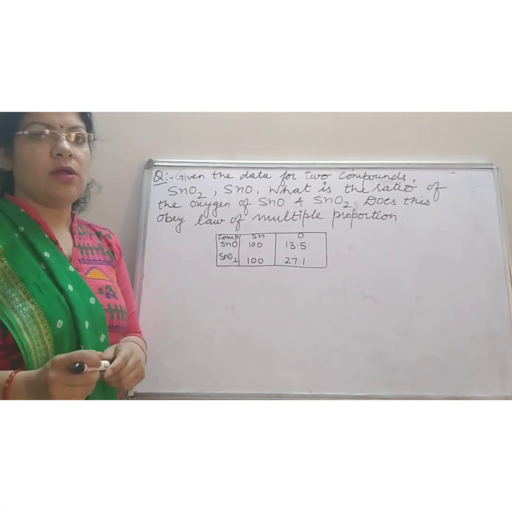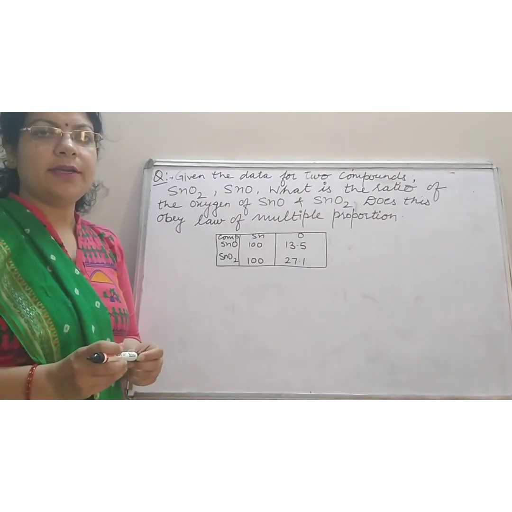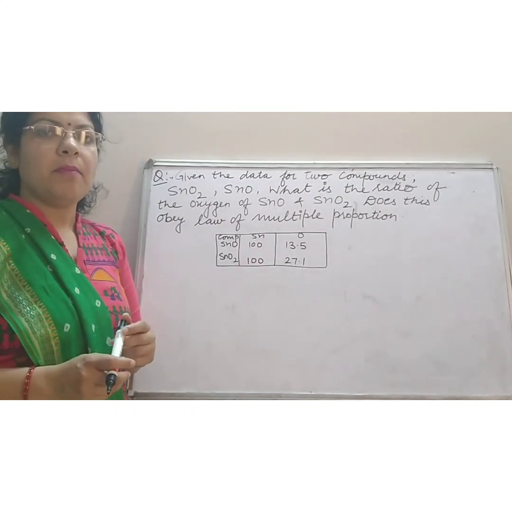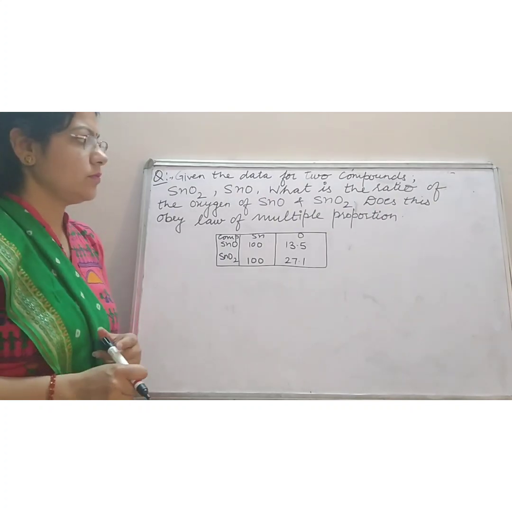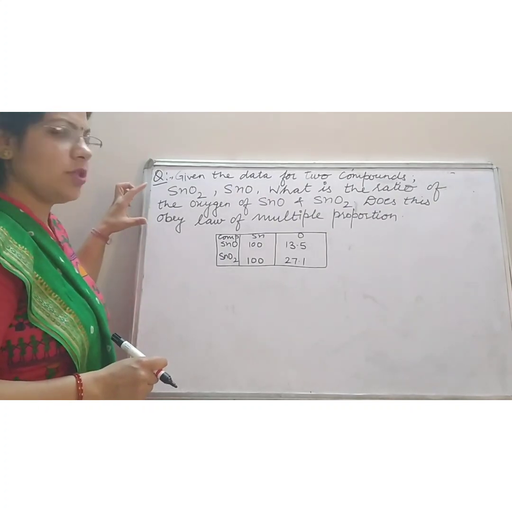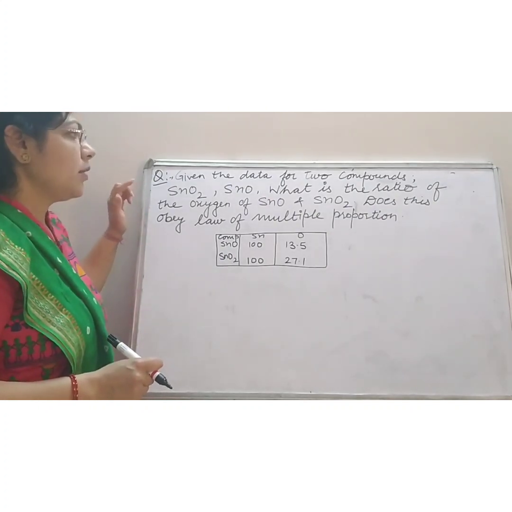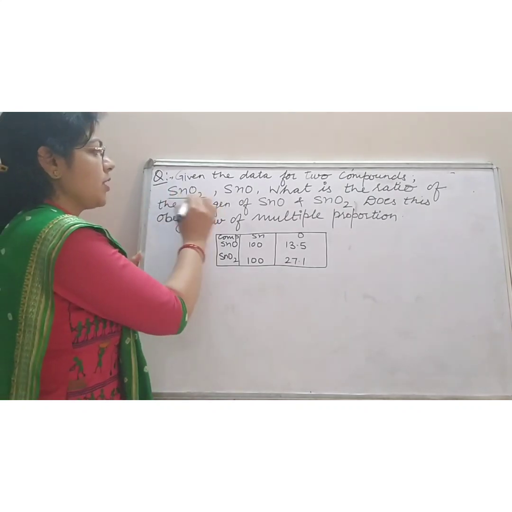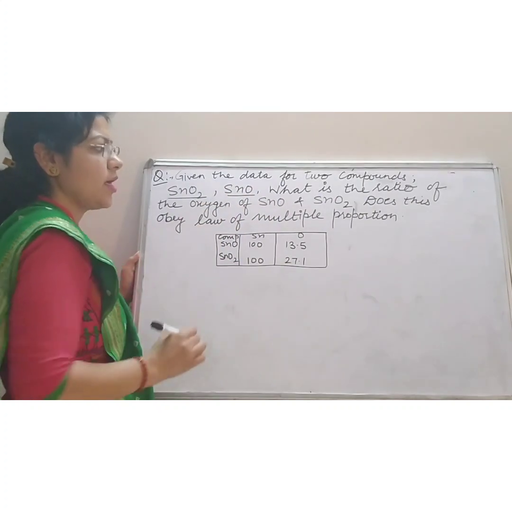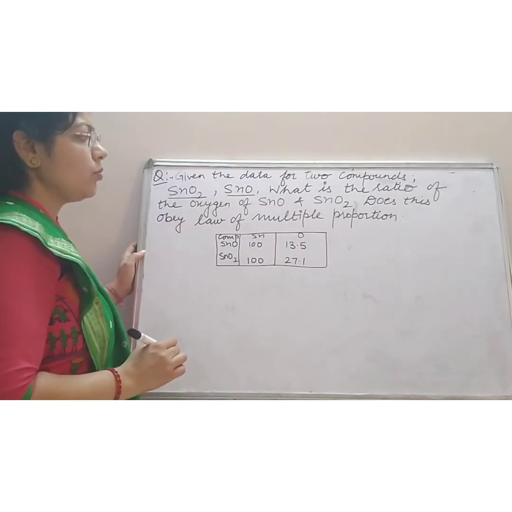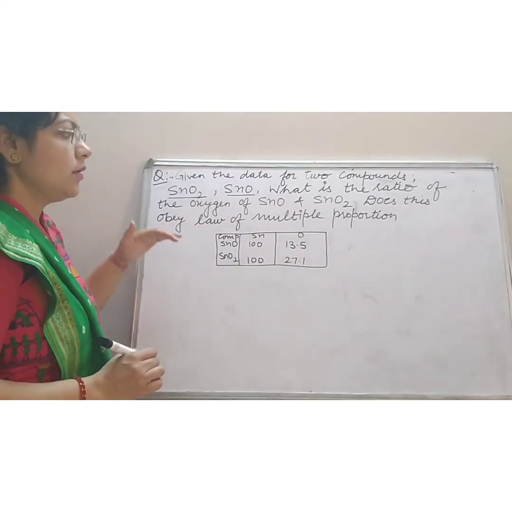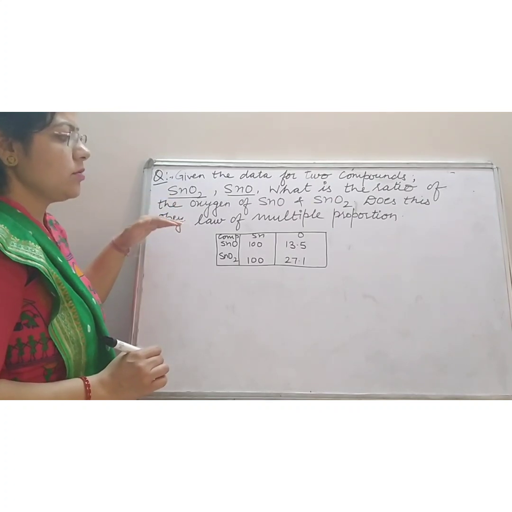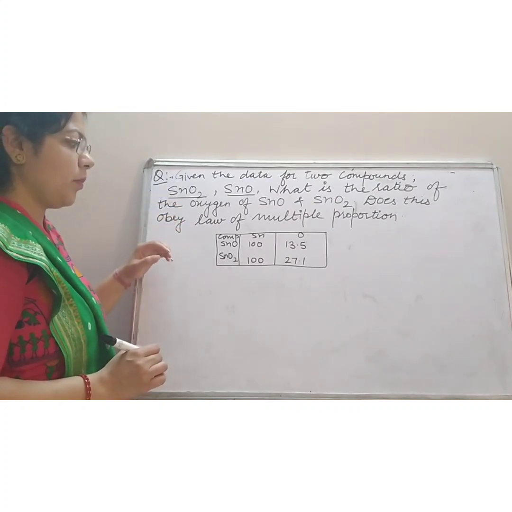Now we will solve a numerical problem related to the law of multiple proportion. According to this question, there are 2 compounds of tin, that are tin dioxide and tin monoxide, and you have to show that this obeys the law of multiple proportion.